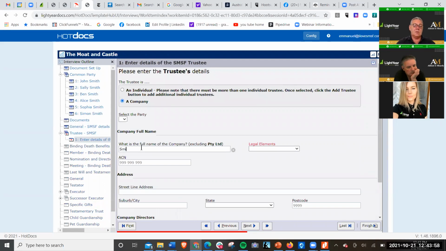I'm going to call it Smith. Now, if I was going to use it again, I would have put it up there, particularly if you're looking at family allowances. My recommendation in this instance would be to ensure that the two children, Alice and Sophia, are both being looked after, with family allowance for their education, etc., being provided by John.